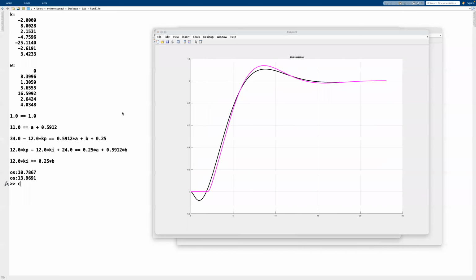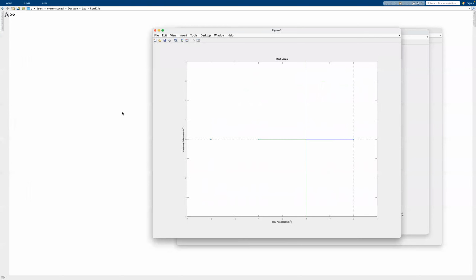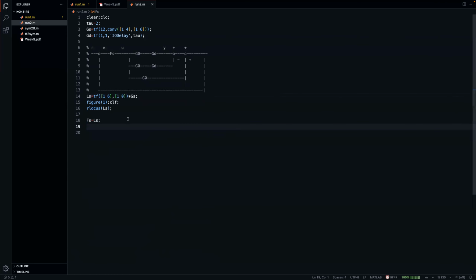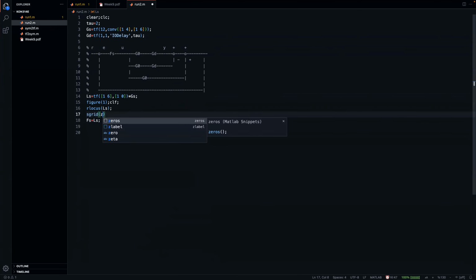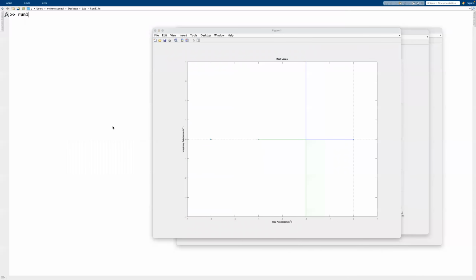So let us close all. Actually, let's run 2 here. And of course, we need 10% overshoot. So sgrid with zeta and omega n. Well, zeta is 0.59, 1/6, I guess. And let's have 1 up to 6 or 5. I'm not even bothering with designing a controller using the algebraic method.